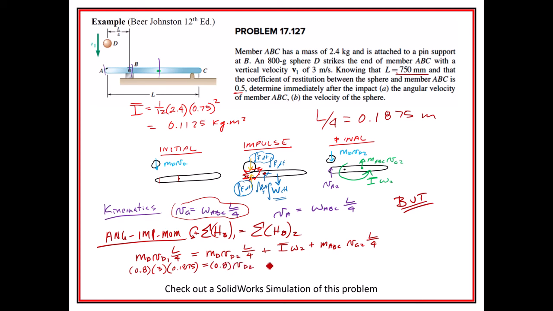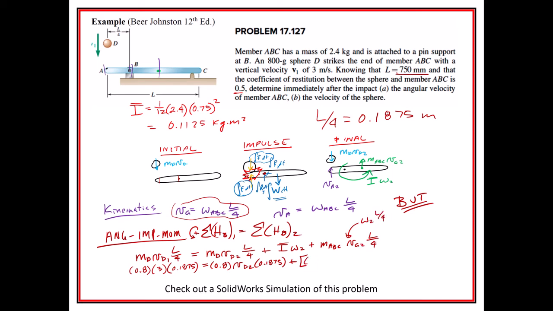And 0.8 V d2, we don't know, times 0.1875 plus. Now, I'm going to pull that omega out, because we're going to get an omega 2 coming right into here, right? Because we're going to stick in omega 2 L over 4 right in for right there.